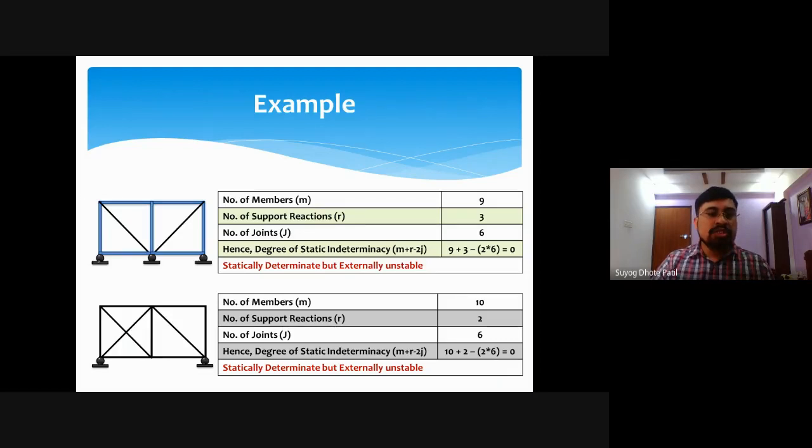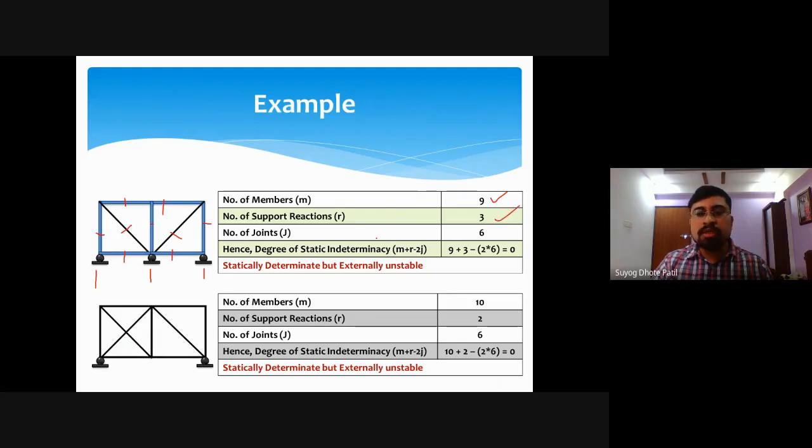So this is a problem with three roller supports. We count the members: 1, 2, 3, 4, 5, 6, 7, 8, and 9. So we have 9 members. We have support reactions, again roller supports, so one reaction each, 3 reactions.